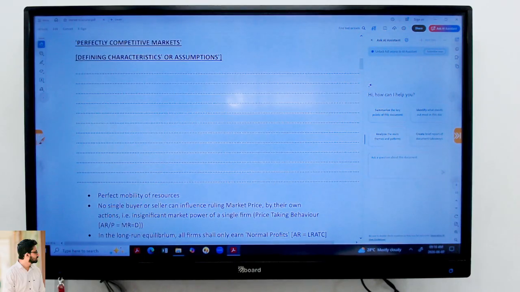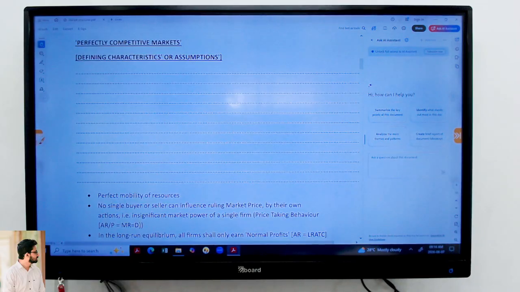I have purposely put this word assumptions because, listen, in the real world there is no perfect example for perfect competition.